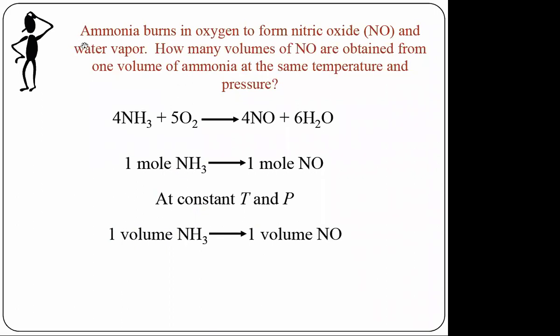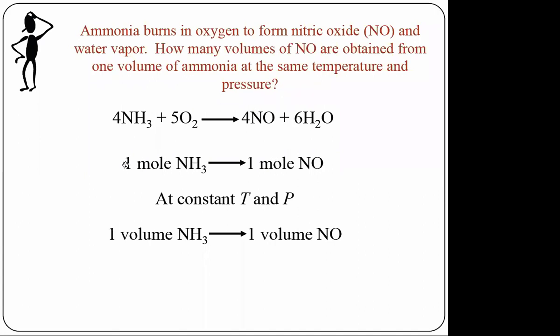Consider ammonia burning in oxygen to give nitric oxide and water vapor. That's the equation of reaction. How many volumes of nitric oxide are obtained from 1 volume of ammonia at STP? What you need to do is write a balanced equation of the reaction, and you will be able to say that every 4 moles of ammonia produce 4 moles of nitric oxide.